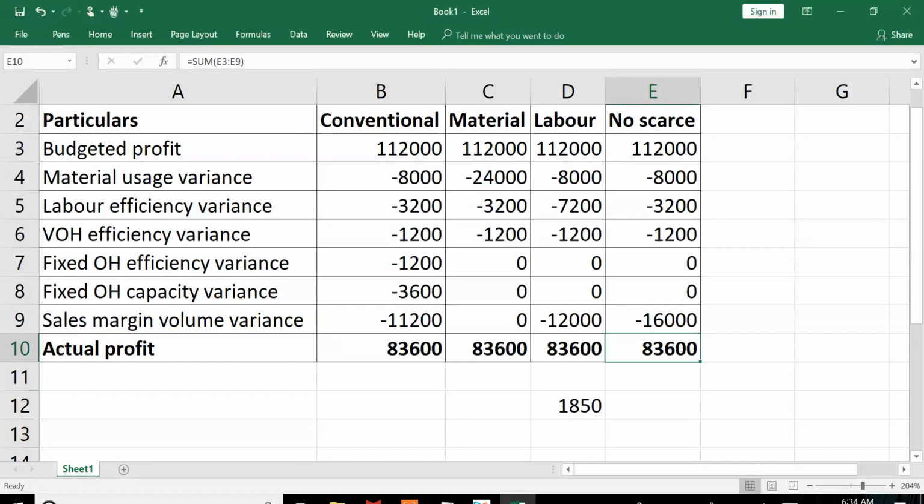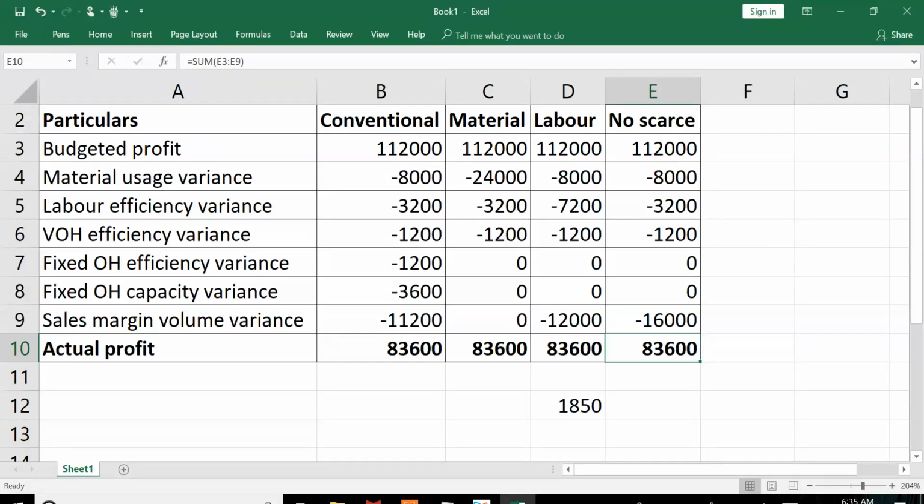Next point. We need to analyze the reason for the loss of 200 units. The same is provided below.